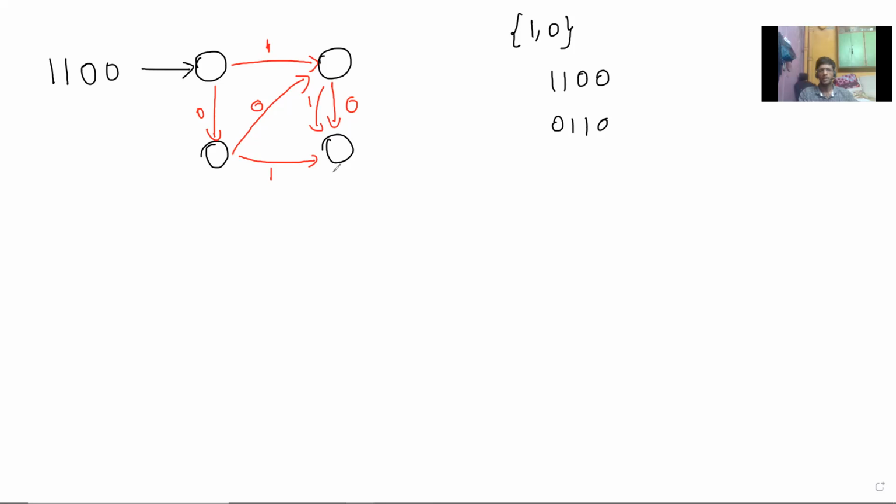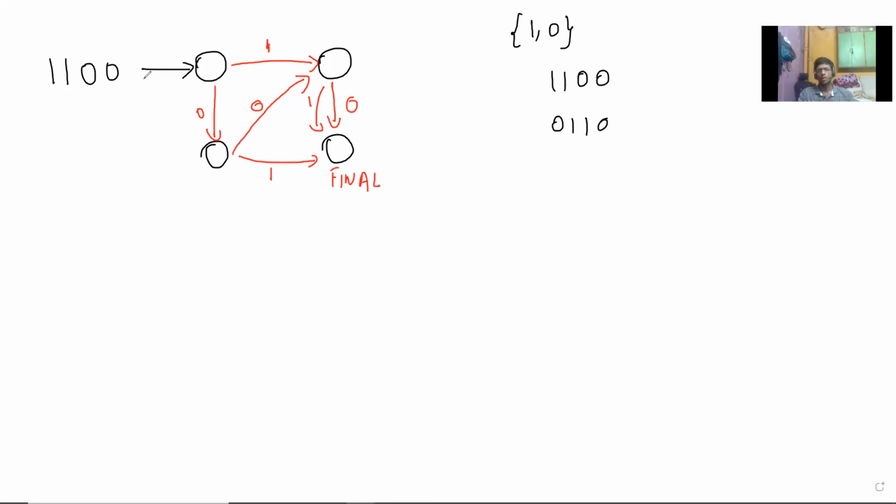And this is final. What this machine does is, when this word comes in, it reads from right to left.